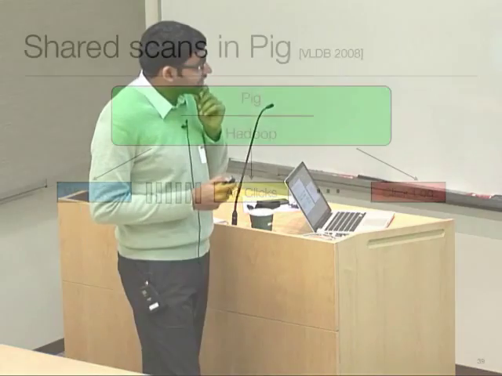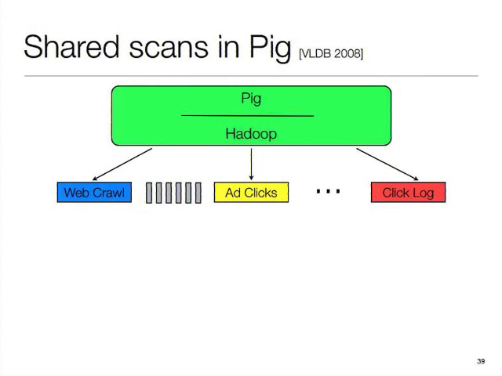Okay, so this was the work I did with Yahoo. A second one was to share scans in a MapReduce-like system. The context was that Yahoo has a Hadoop cluster with a bunch of data sets, some of them very large. Pig sits on top of this, and there are queries hitting all of these data sets continuously.